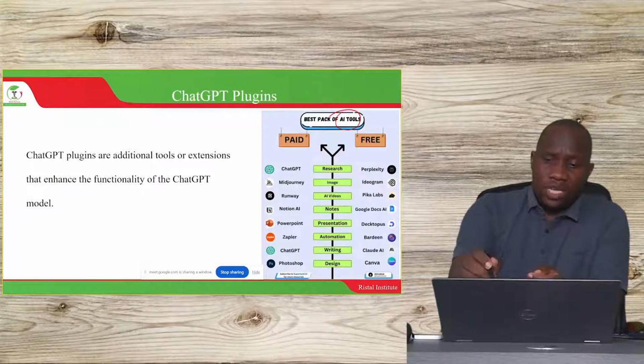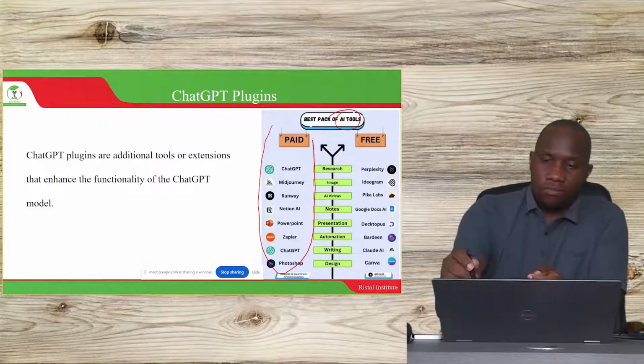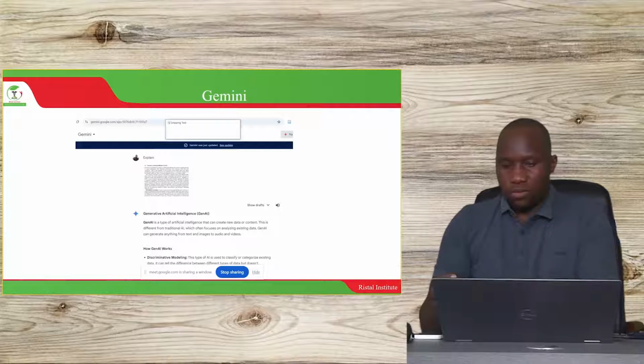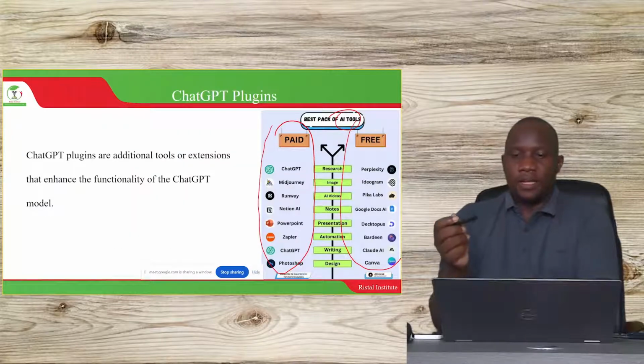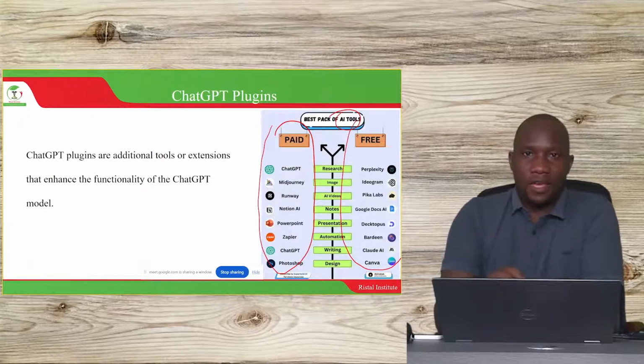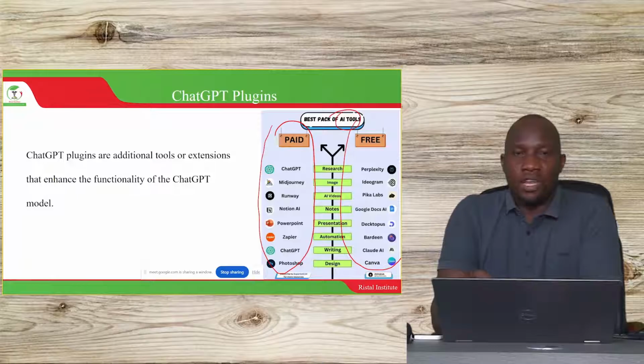Of course, some of them are paid for, but some of them are also free. So basically, you can access different AI tools via ChatGPT, and you can use them for different purposes.